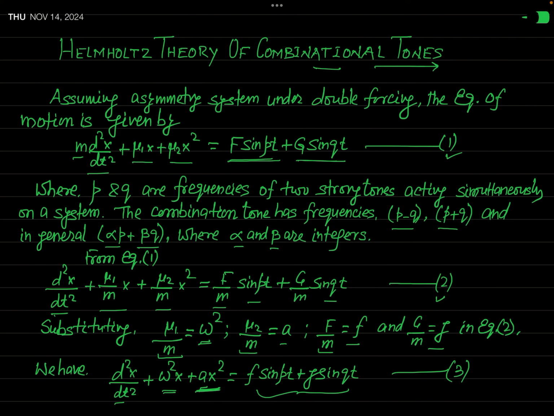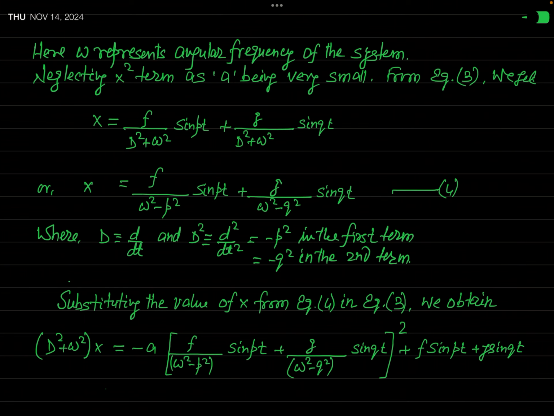Now, if you take the operator d/dt equivalent to this capital D, then d²/dt² will be D². So LHS can be written as (D² + ω²) operated on x.